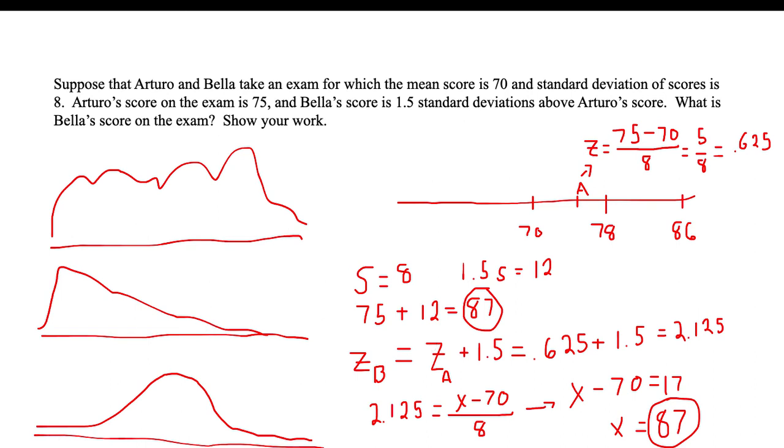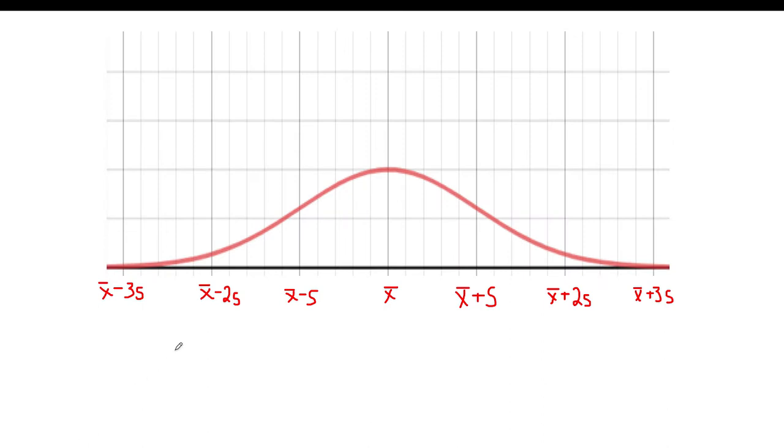The last thing I want to say is I want to take this back to the empirical rule. Z-scores are going to play a big role for us when we're looking at a normal distribution. Oftentimes it's easier to talk about probability, percentages, where things are in a distribution without having to worry about the context, because in some contexts the values of those variables can be very precise, long decimals or whatever.